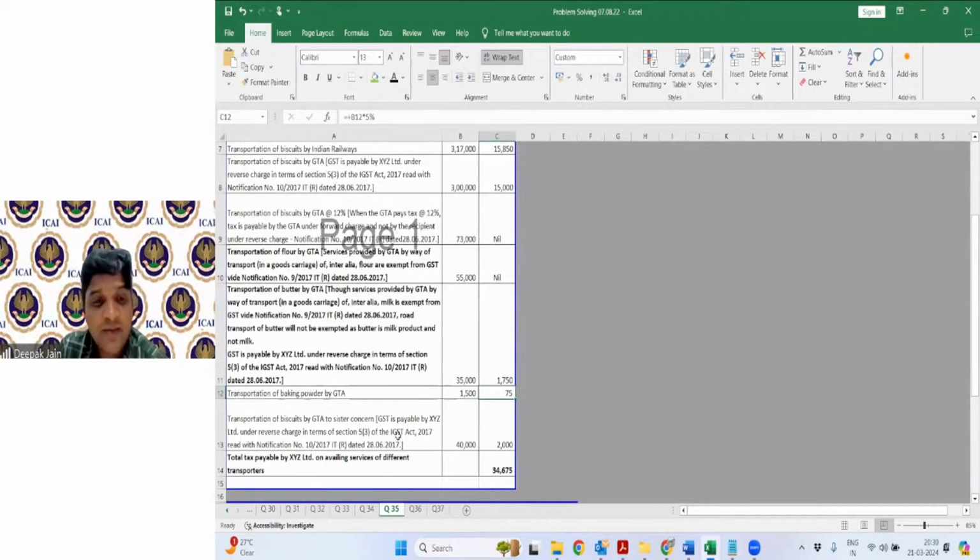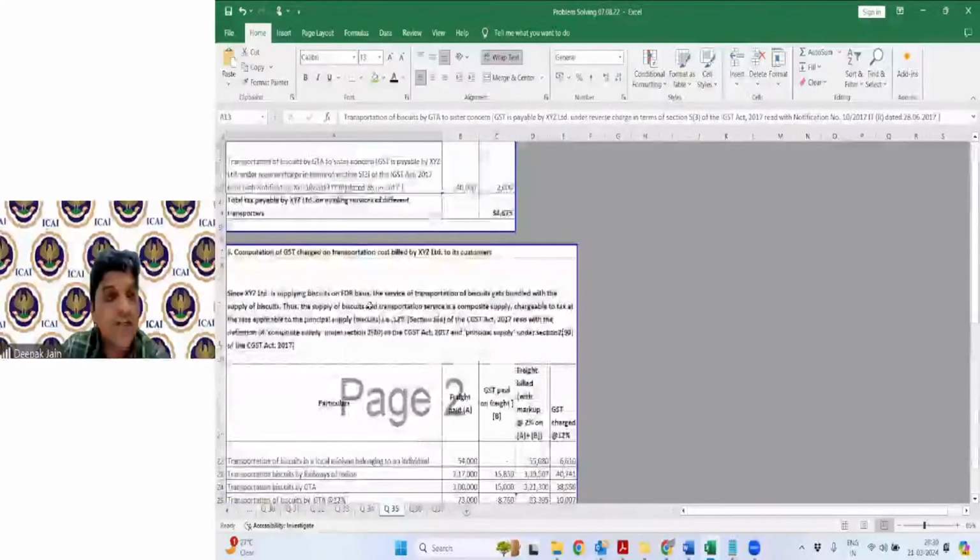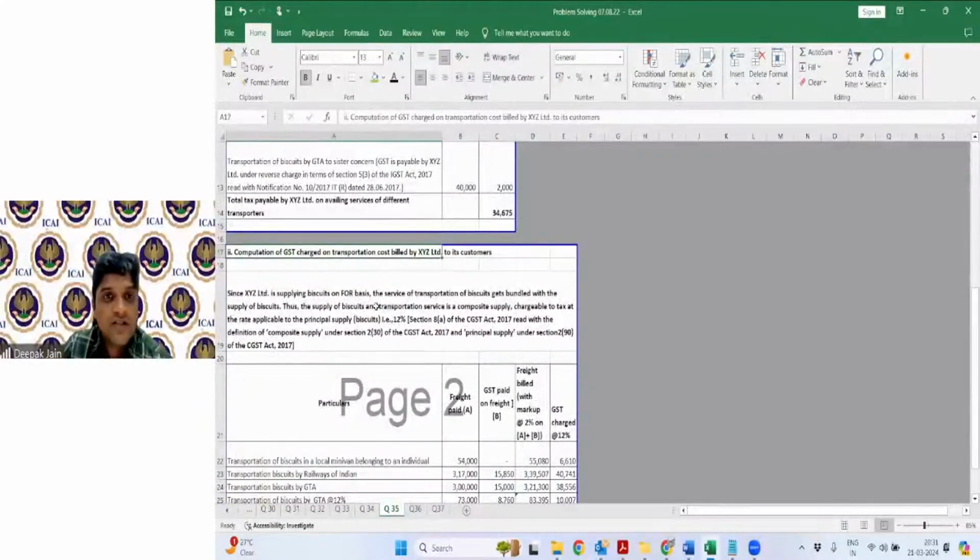Second, explain the second table in this problem. What does the second table say? The first is on which you have to pay reverse charge. Second is that these transportation charges you are providing on FOR basis. When I supply on FOR basis, it means the responsibility is mine. Like when we purchase from Amazon, delivery is also Amazon's responsibility. Like that, this is a FOR basis, that is freight on receipt basis.